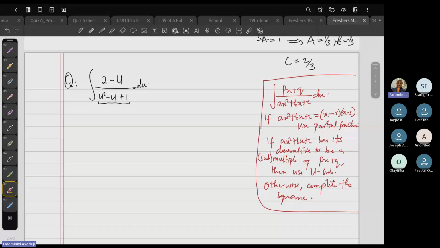If I have x squared plus 6x, and I ask you to complete the square, what do we add to x squared plus 6x to make it a perfect square?